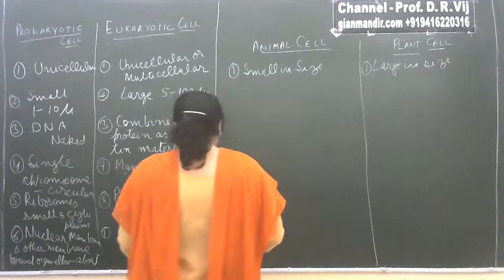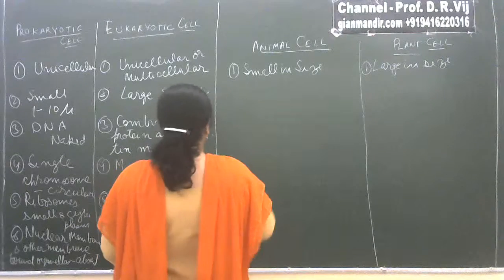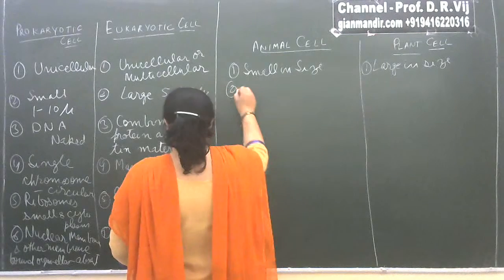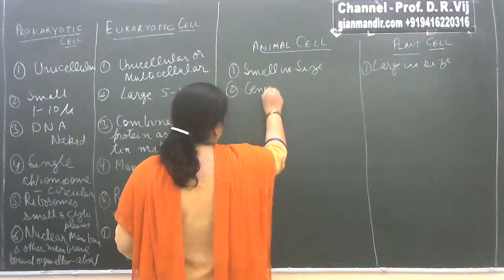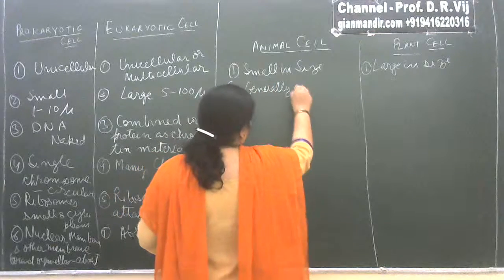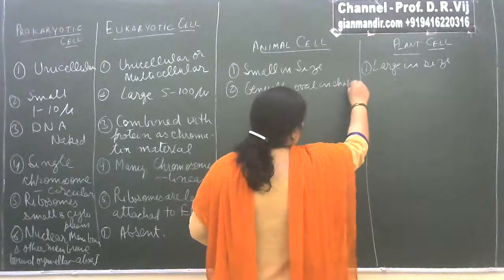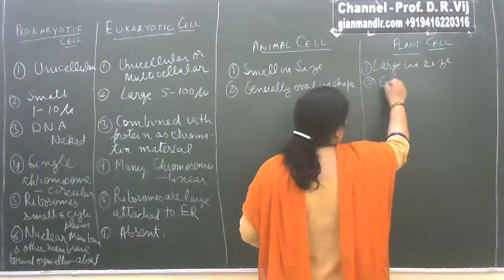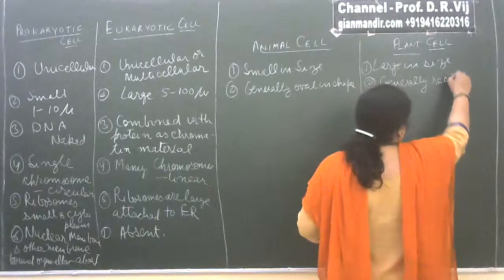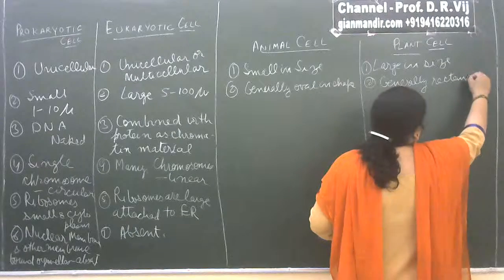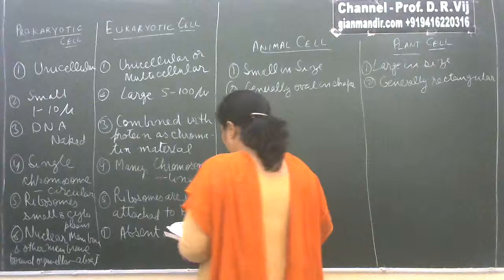Another difference is that animal cells are generally oval in shape, whereas plant cells are generally rectangular in shape.